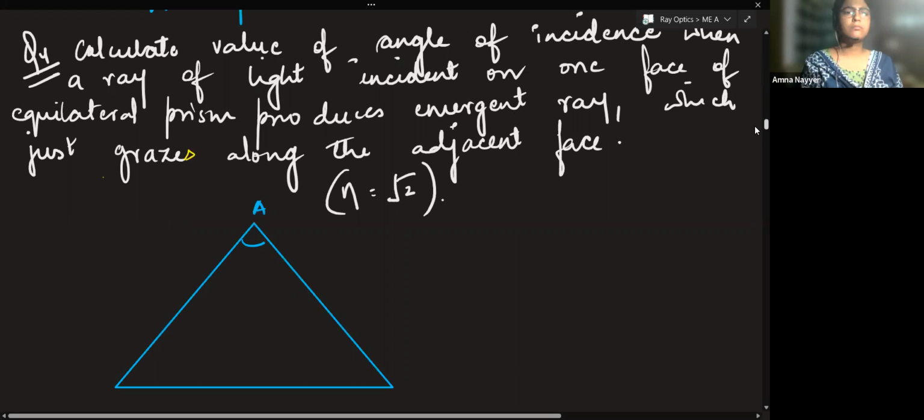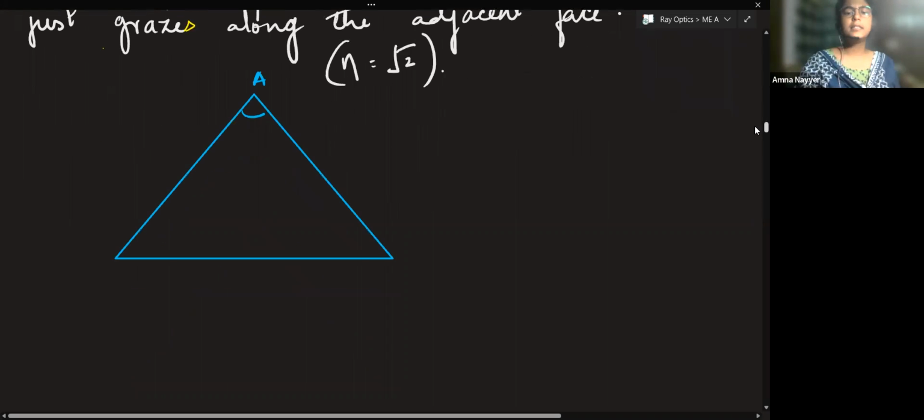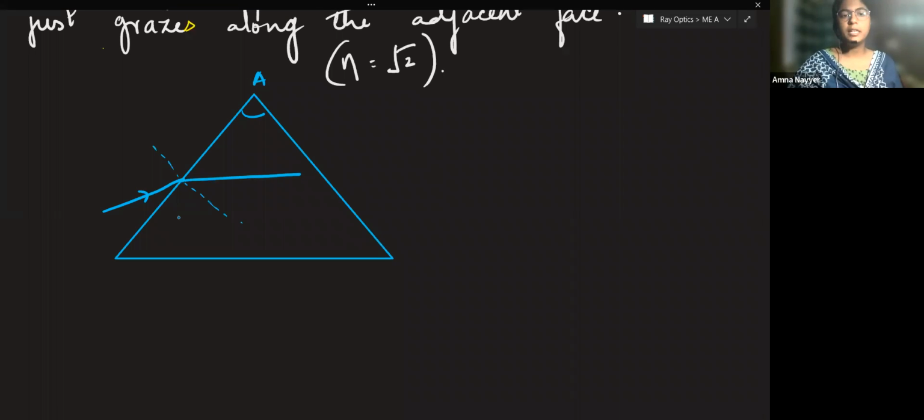Equilateral prism, then again 60 degrees. Incident ray is there. This is the normal. It gets refracted, and instead of coming out, it just grazes along. It means even if you draw the normal, the angle of emergence here is 90 degrees. This is what is meant.